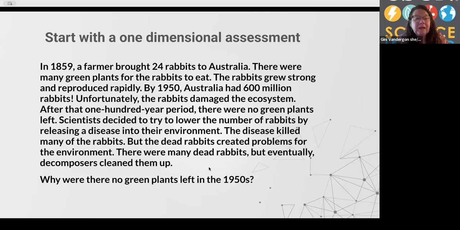So hopefully everybody has access to a screen so they could look at this assessment. So this is very one-dimensional. There's a lot of text there, and there's really only one question they're asking at the end.